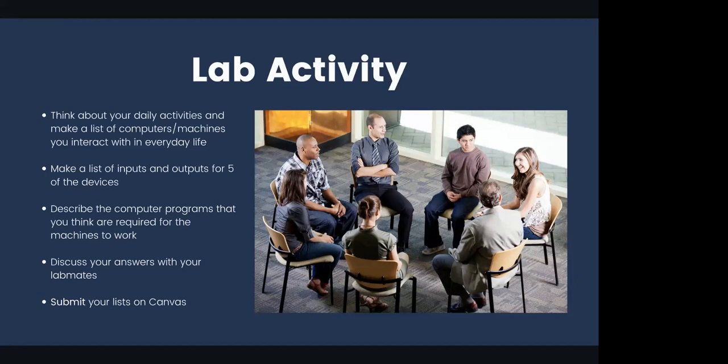For example, the first point: you have to make a list of the computers or machines that you interact with every day in your life. Then you have to make a list of inputs and outputs for 5 of the devices. And then you have to describe computer programs that you think are required for those machines to work.